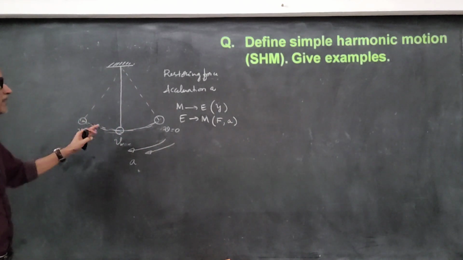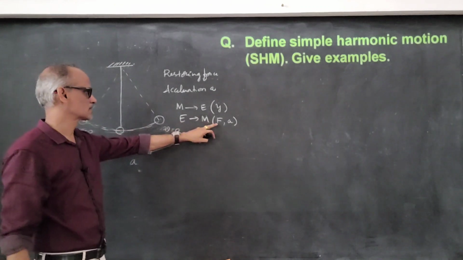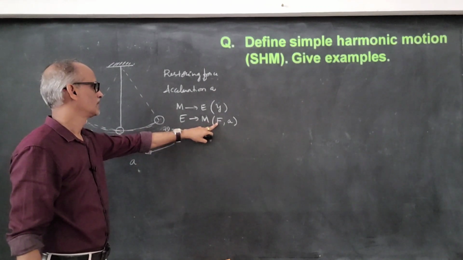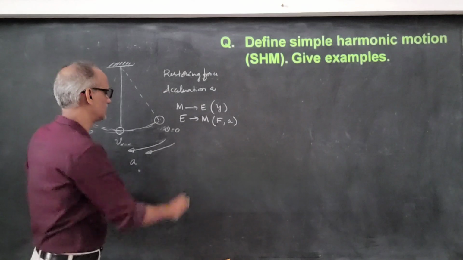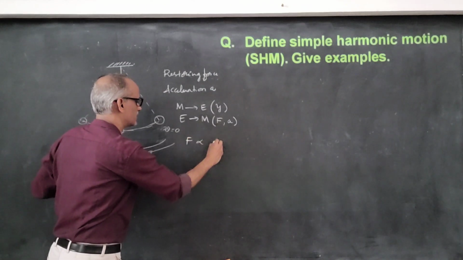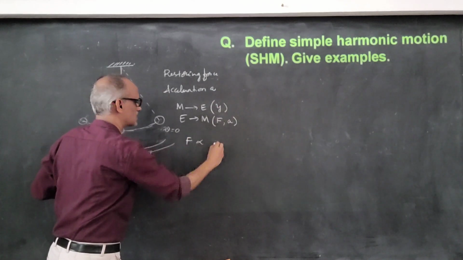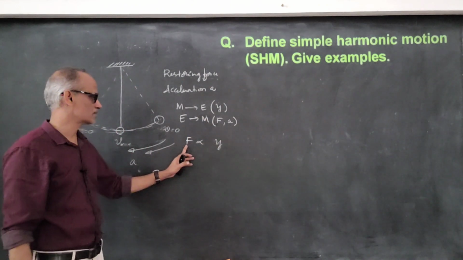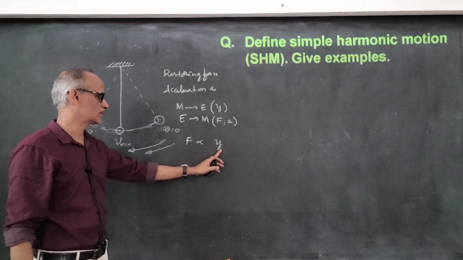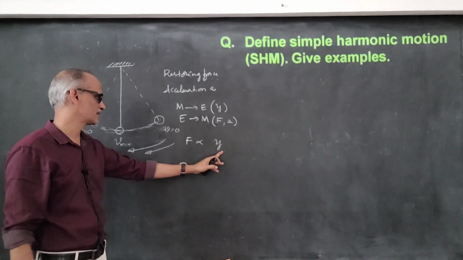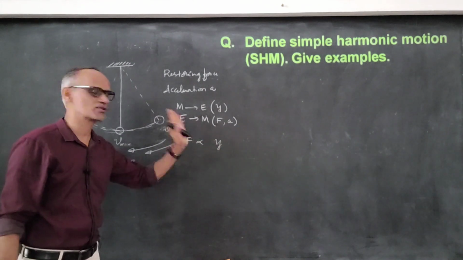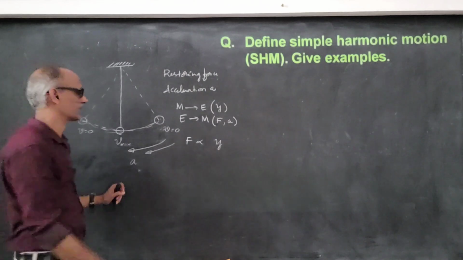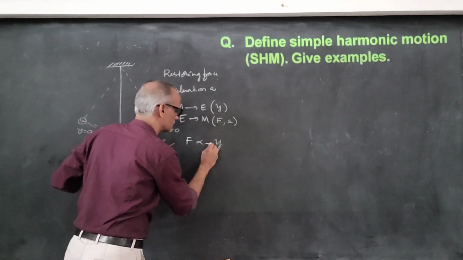So here we find that this force is directly proportional to the displacement. Force is always directly proportional to the displacement. More force, more displacement. Less force, less displacement. And if there is no force, there is no displacement. And in the opposite direction.